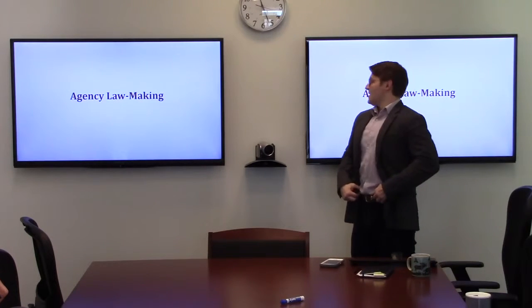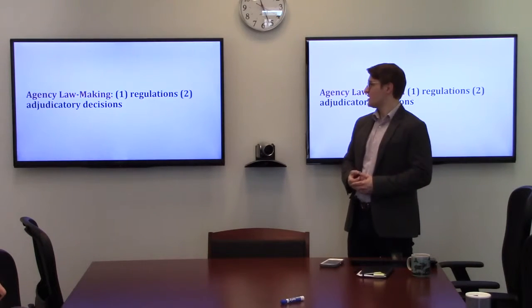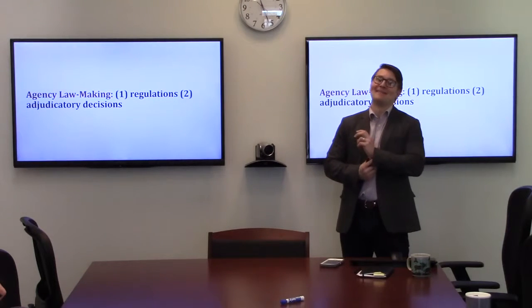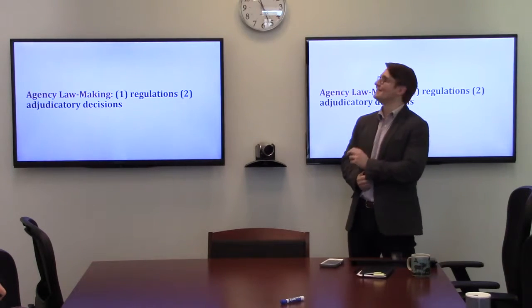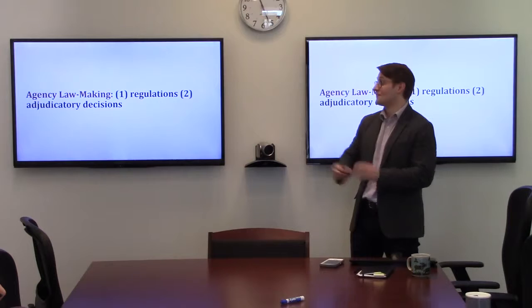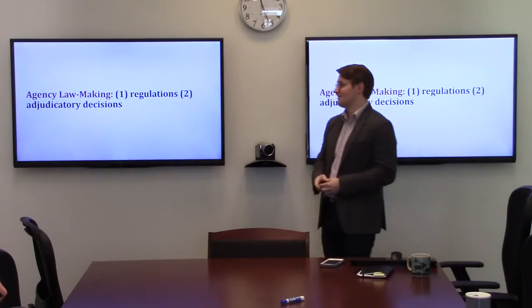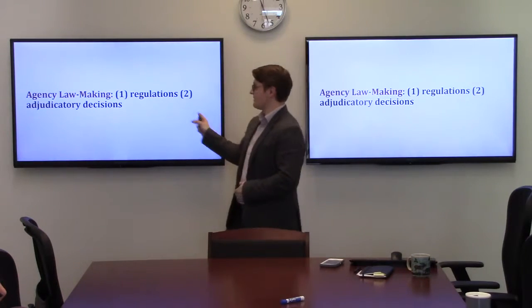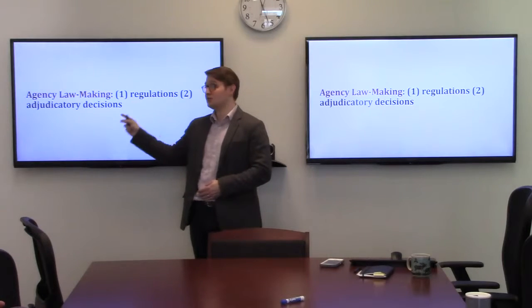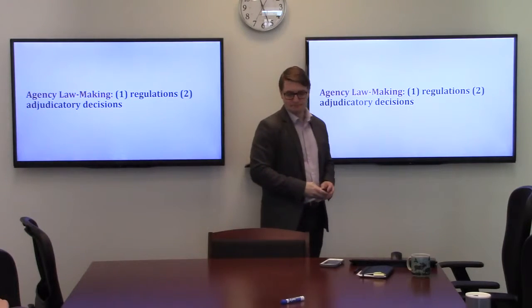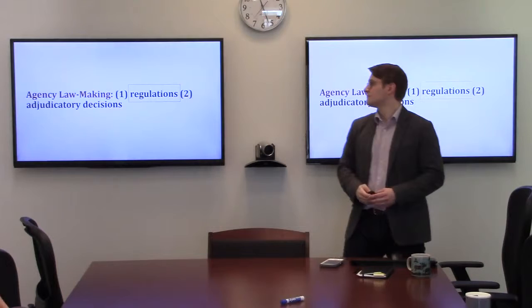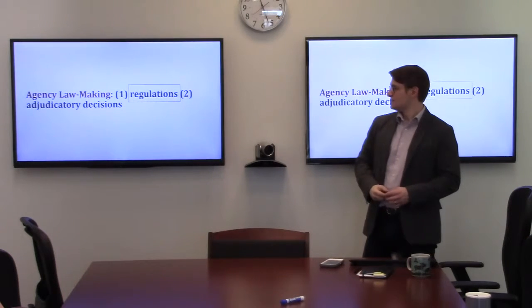All right, agency lawmaking. So regulations typically get all the credit for administrative law, but there are really two main types of agency law. One is regulations at the federal level from the CFR, and also adjudicatory decisions. So let's start with regulations.